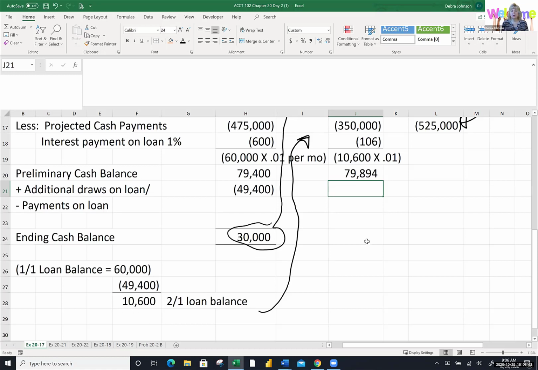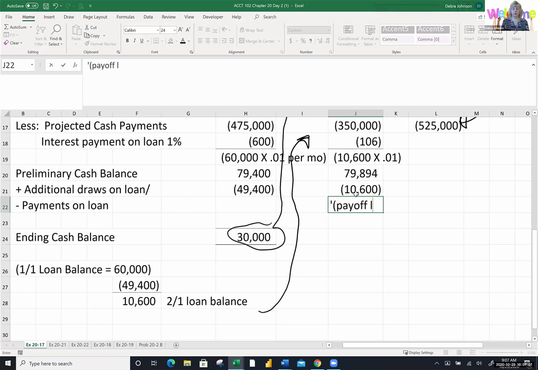So some people on your homework are going to make the mistake of taking 30,000 away from this, like we did over here. And the reason that would not be correct is because we would never pay more than what we owe. So I'm getting ready now that I'm above 30,000. I'm going to go pay off that $10,600 loan. I'm going to put a note on what that is.